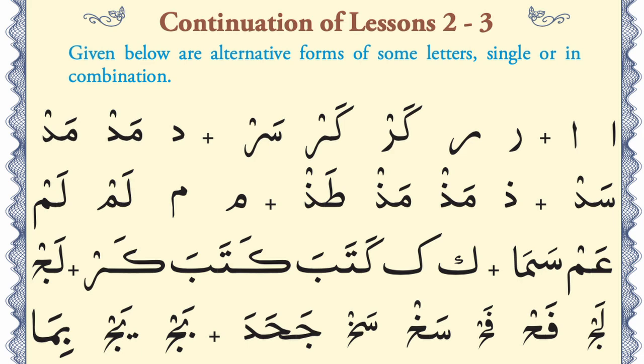Some of the things which you will come across while reading the Holy Quran are put together here so that you will see the difference in writing those letters. For example, the first letter is Alif and the next also is Alif, but the styles of writing them are different. The third is Ra, and then Ra is written in a different style, but that also is read exactly the same.